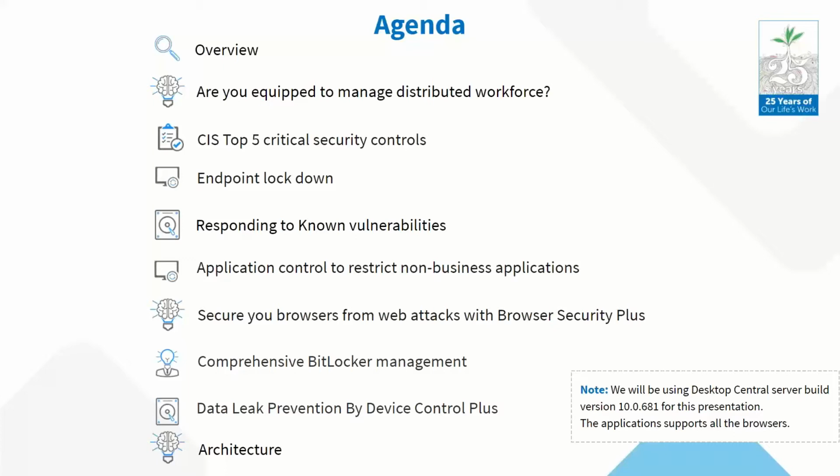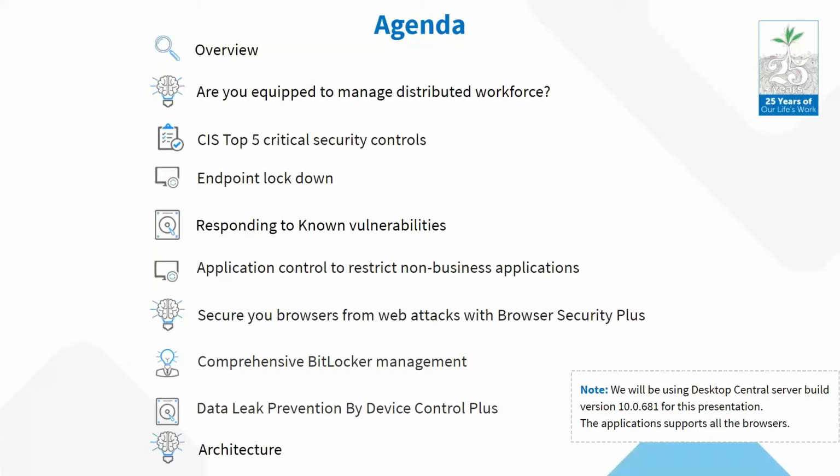We'll be looking into the top 5 critical security controls suggested by the CIS. I will show you how our product can help you understand the top 5 critical security controls and how it can help you in achieving them through endpoint lockdown and responding to different threats through control, and then managing and securing the browsers using Browser Security Plus or the Browser Security add-on.